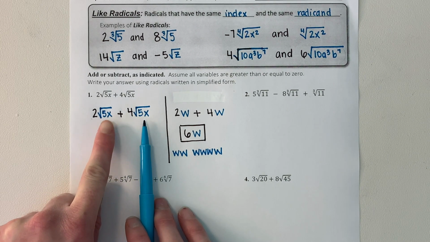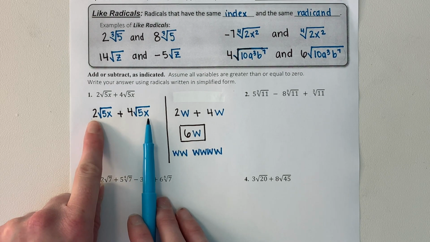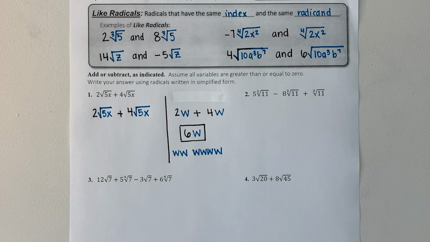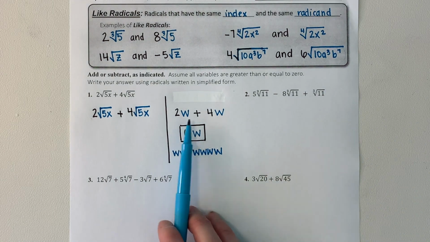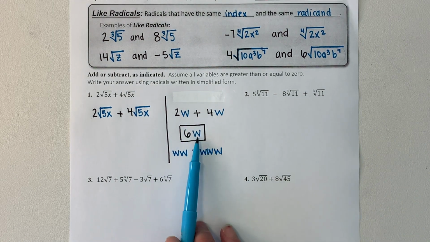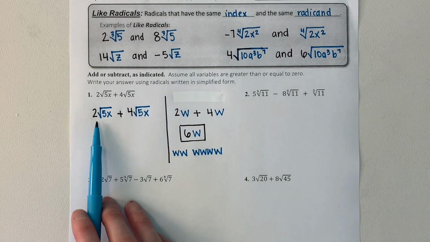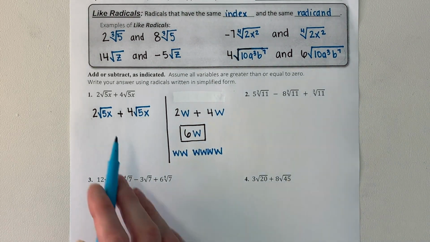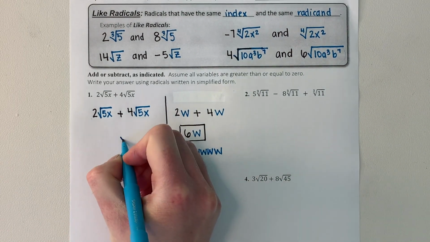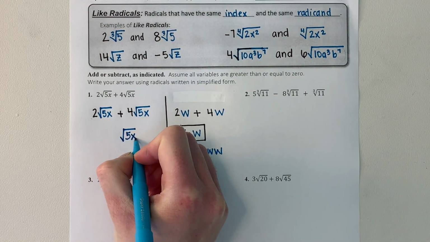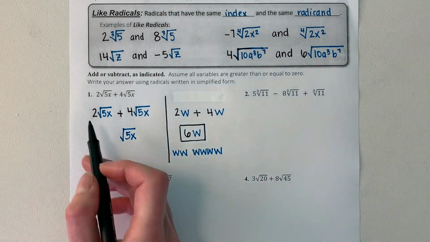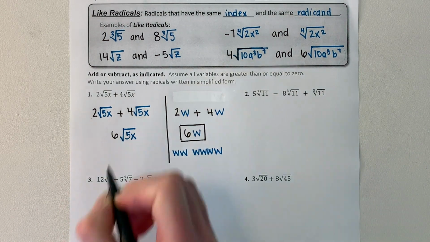The radical base for both of these is the square root of 5x. Since these are like radicals, we can add them. Now to add the like terms, we kept the variable base, which was the w, and we added the coefficients. We do the same when adding like radicals. To add these like radicals, we keep the radical base, which is the square root of 5x, and we add the coefficients. 2 plus 4 will give us 6.